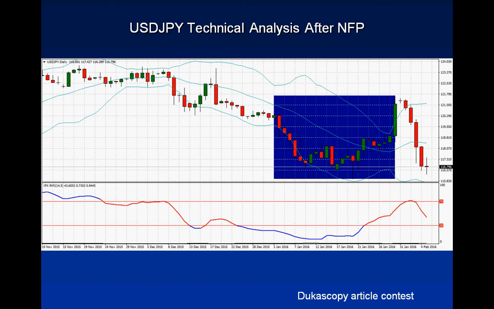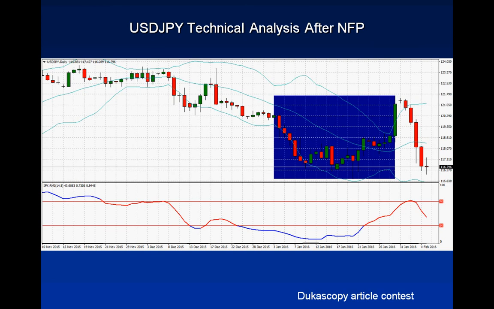In the end, US dollar Japanese yen technical analysis after NFP: we can see that we are in a January opening range this February, and right now I want to be on the short side, but I want to wait. I want to wait for some nice level to sell.